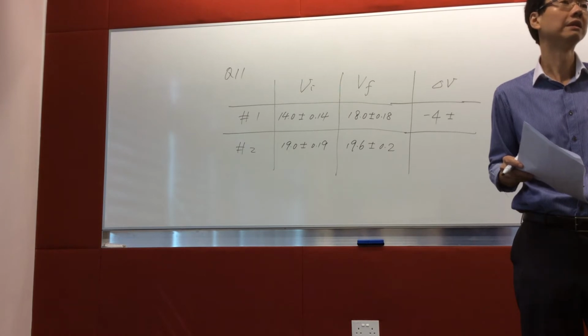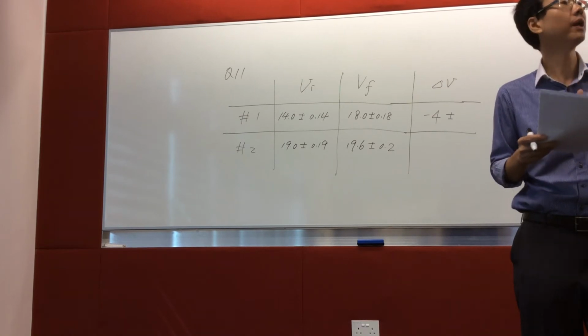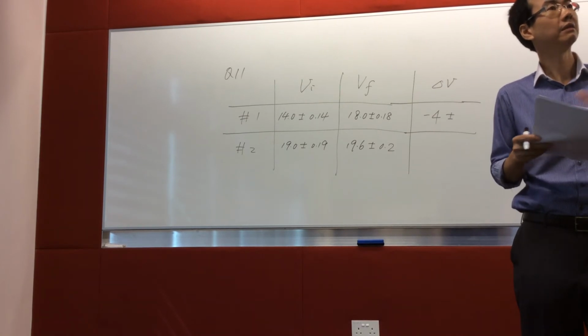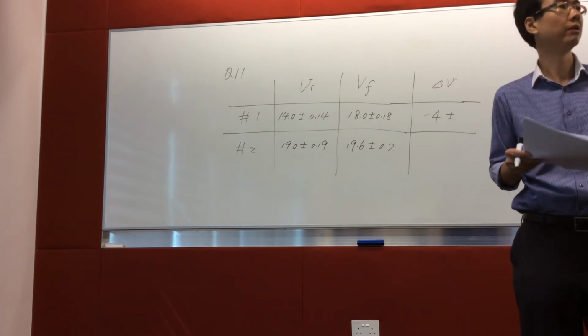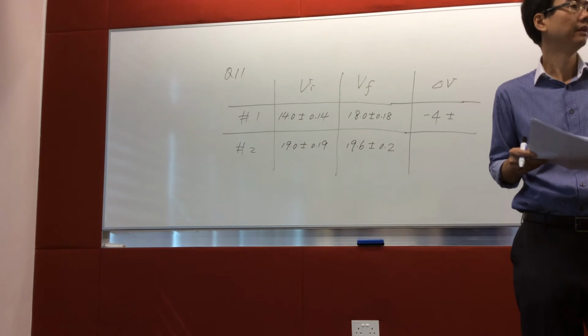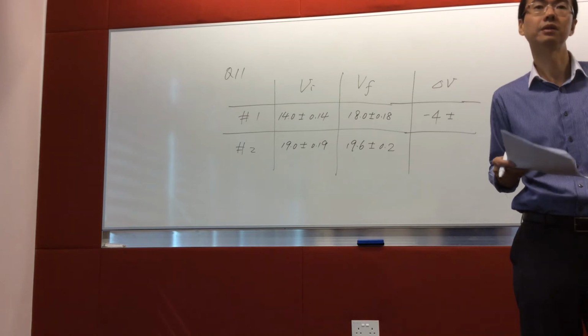Okay. Always two rules. Of course, for this course, this part is the basic part. The more important part will be later, when we talk about the probability and error propagation.